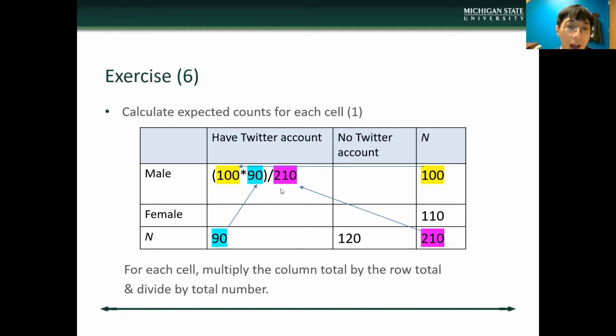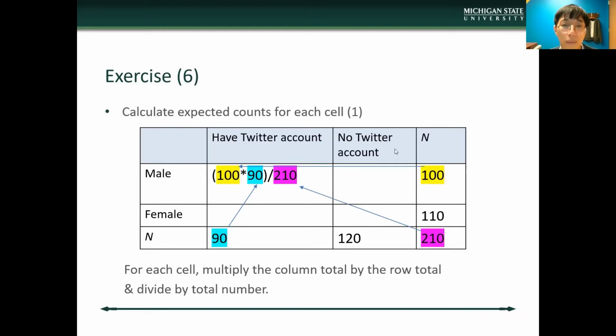For example, as you can see here in the table, the expected count for male with Twitter account. How to calculate it? You will multiply the column total by the row total.